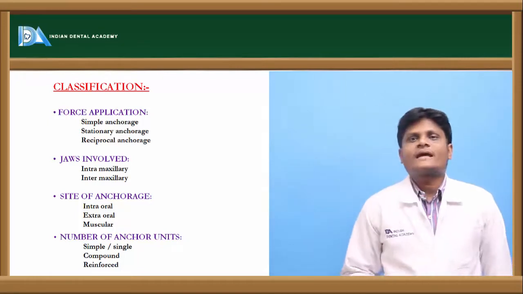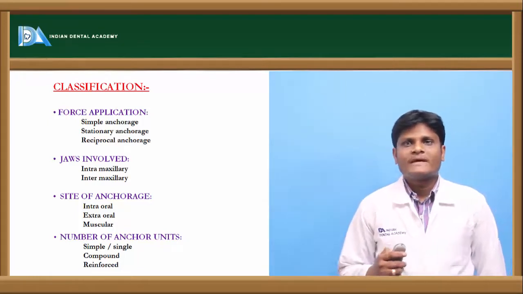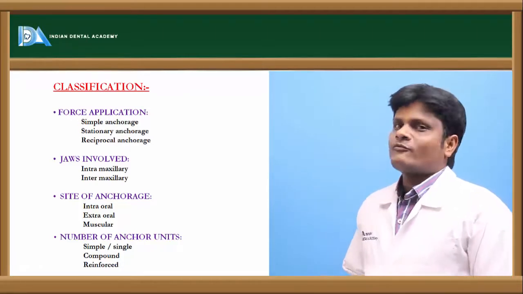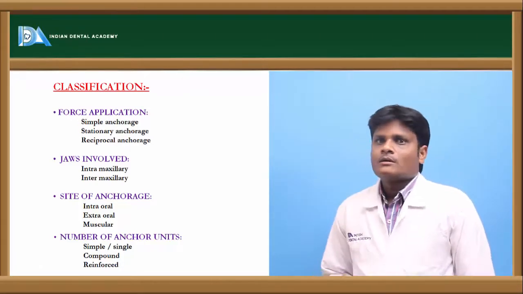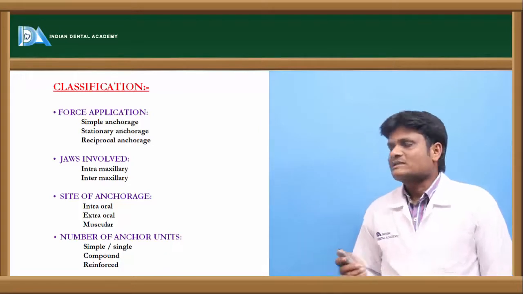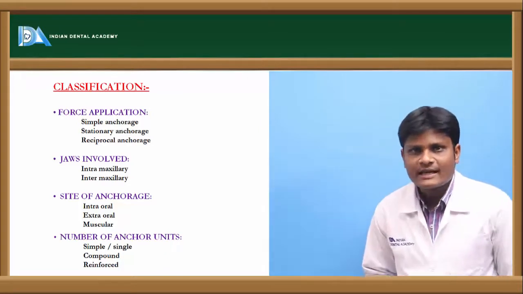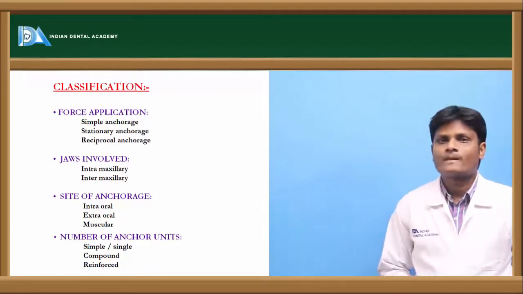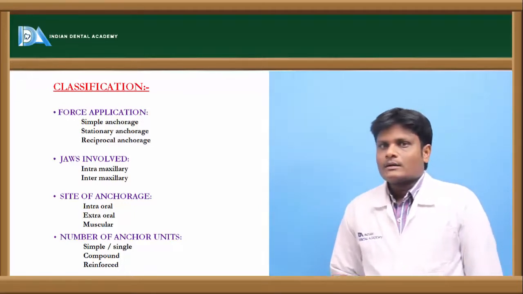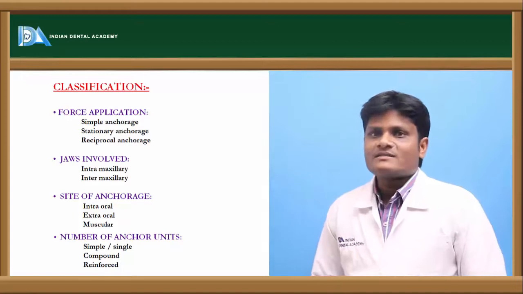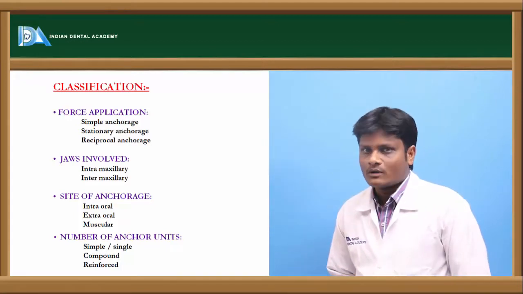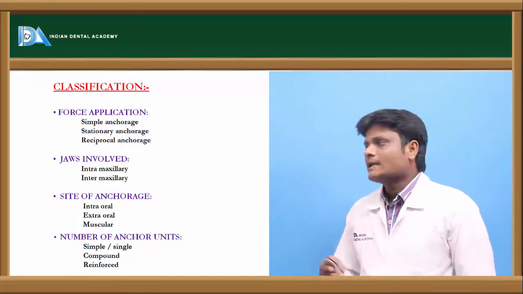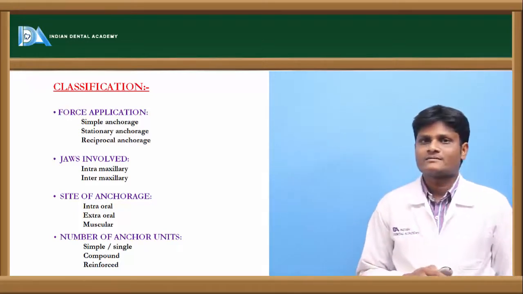Now, let us look into the classification of anchorage. We can classify anchorage based upon different criteria. Based upon the manner of force application, we can classify anchorage into simple anchorage, stationary anchorage, or reciprocal anchorage. The second way of classifying anchorage is based upon the jaws involved. It might be intermaxillary anchorage or intramaxillary anchorage.